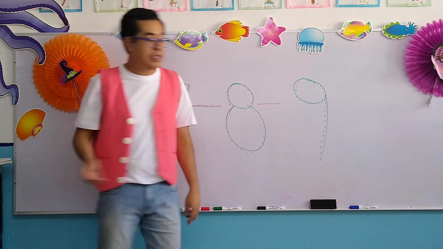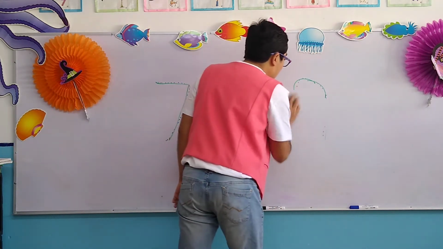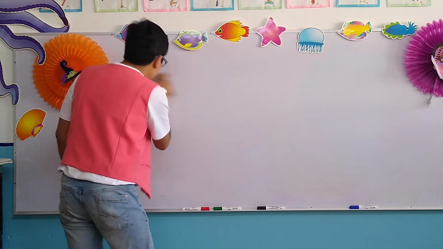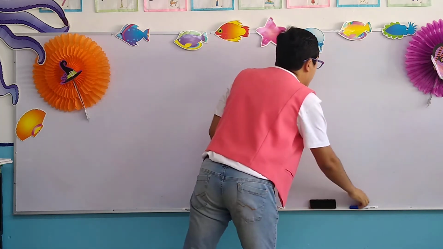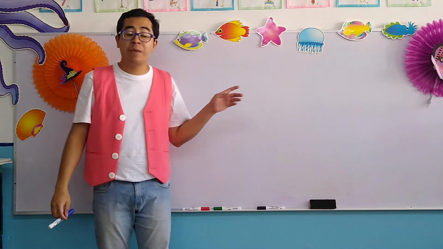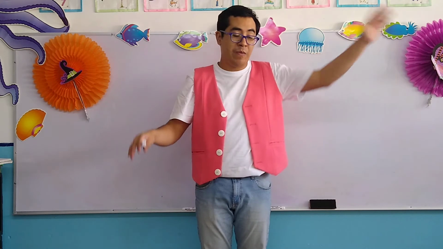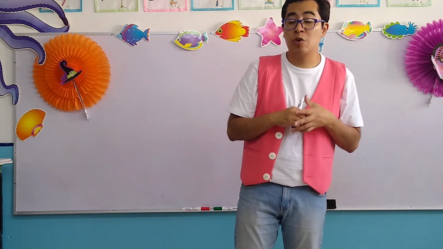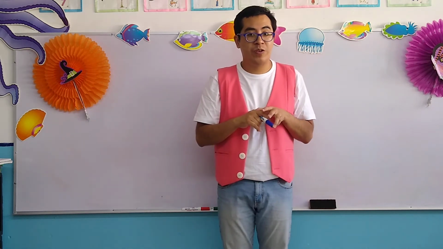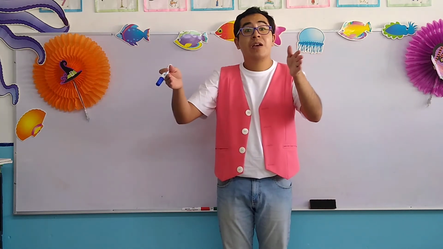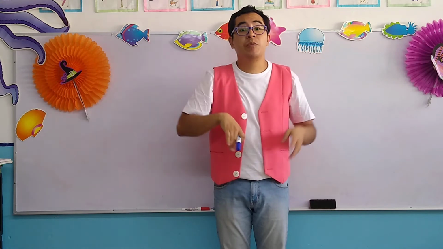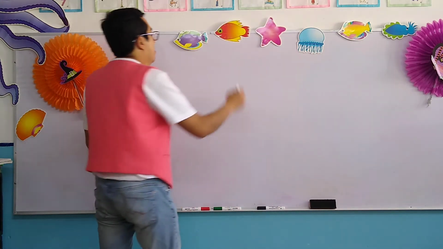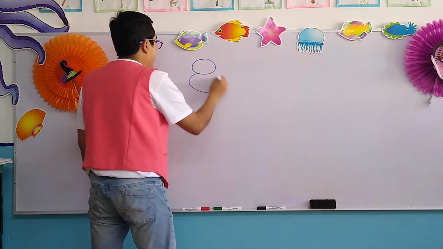The second activity of today, my children, is something that is going to be very fun, very, very interesting. So here on the whiteboard, my children, I am going to write all numbers from number 1 to number 9, but I'm going to put them in disorder, not in order. In order means 1, 2, 3, 4, etc. I'm going to put them in disorder, okay? For example, instead of beginning with number 1, I'm going to start with number 8.